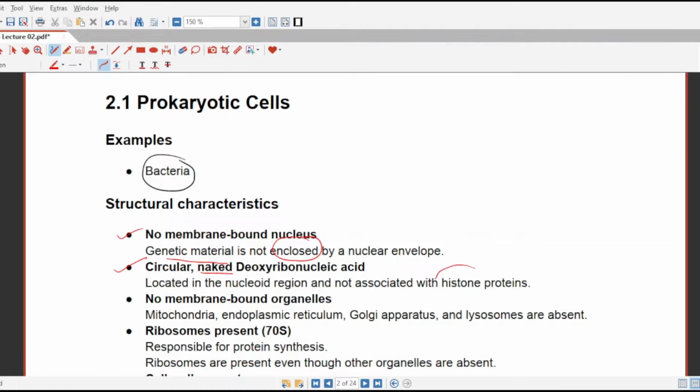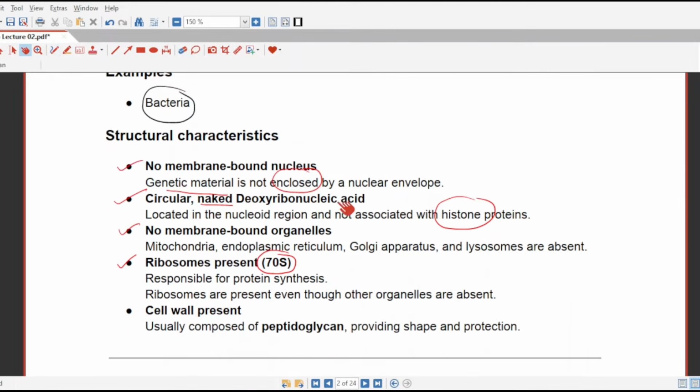It doesn't have any histone protein, and it doesn't have any membrane-bound organelles. All the organelles are absent except ribosome. But the ribosome is 70S compared to the 80S ribosome of eukaryotic cell. You see that ribosomes are responsible for protein synthesis because an organism cannot survive without the help of protein.